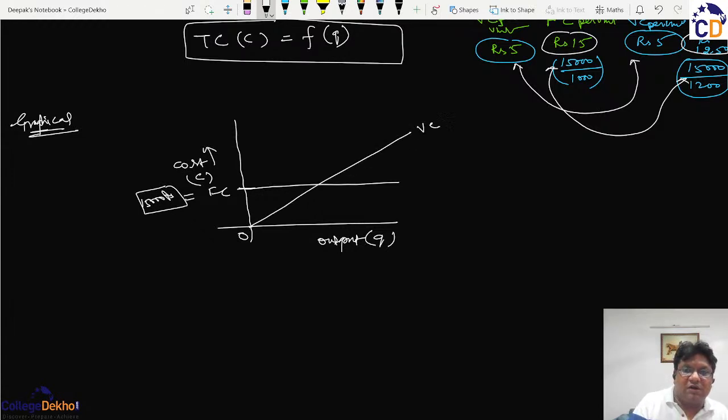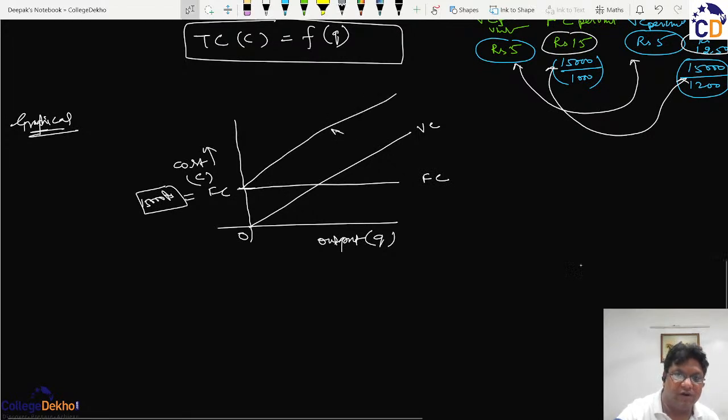So this graph, if added to the fixed cost graph here, will run parallel to the variable cost graph, and the difference between the two will be the total fixed cost. So I shall take it as total variable cost and total fixed cost.